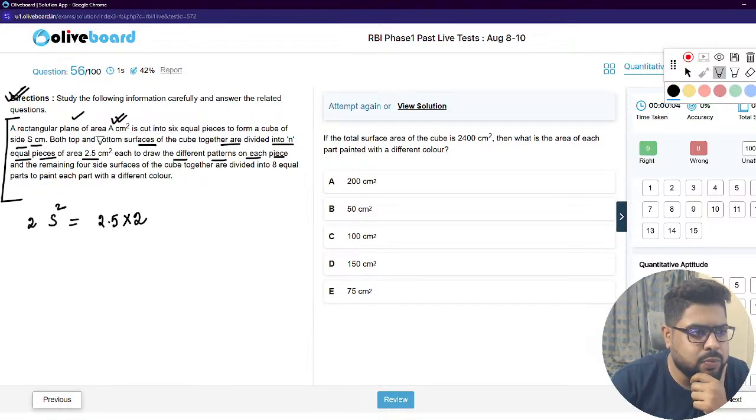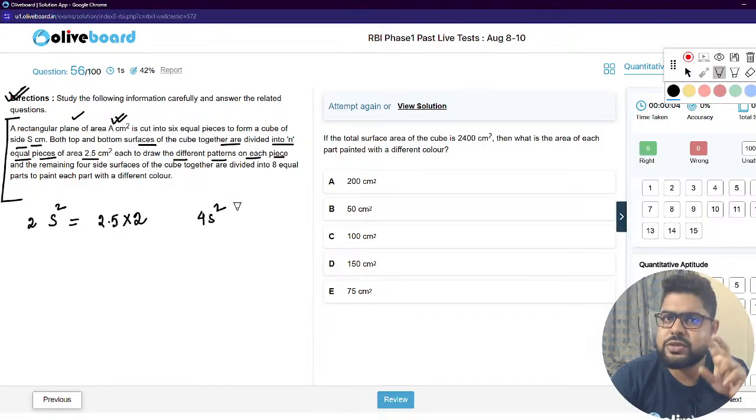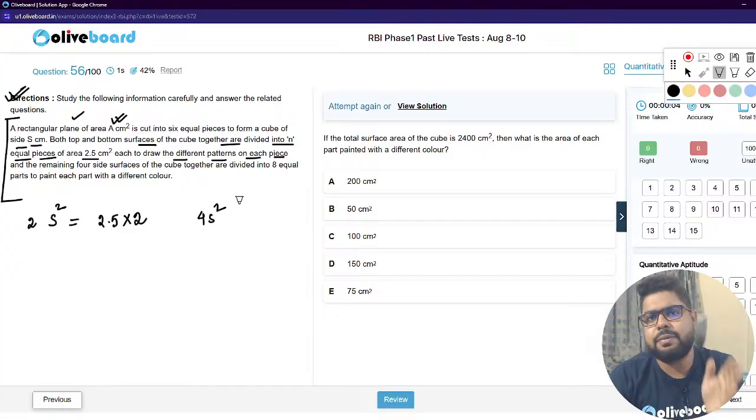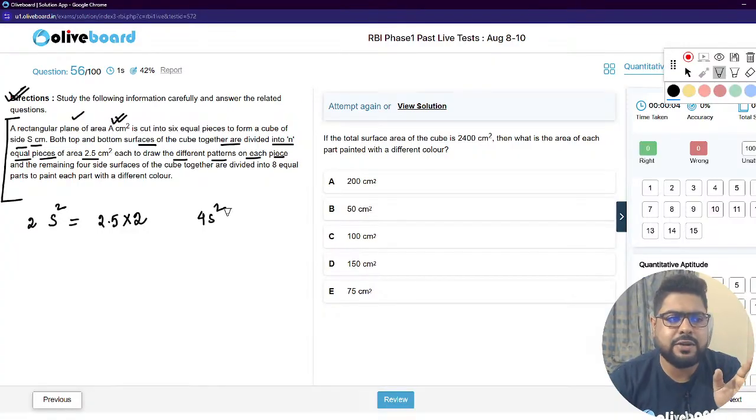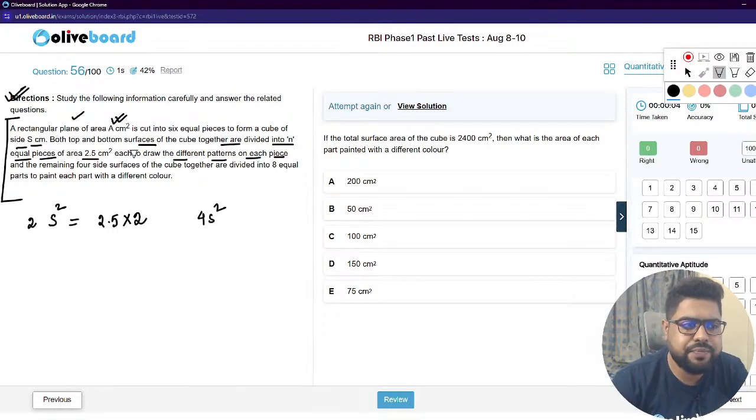The remaining 4 sides mean 4s square, because every face of this cube is s square, where s is the side or the edge.